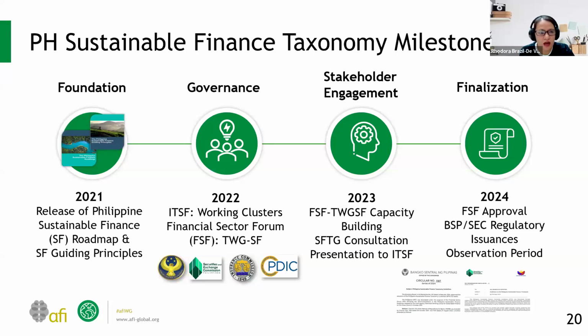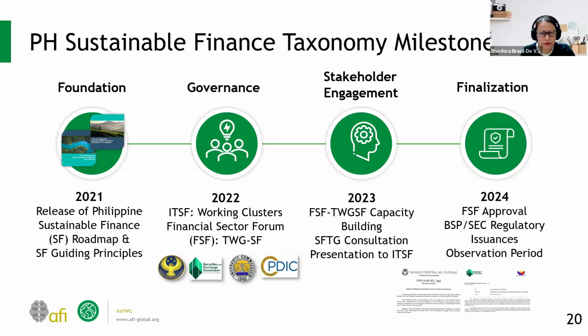This is a collaborative body comprised of the four financial sector regulators, and they are tasked to review and harmonize existing regulations on corporate governance, risk management, and disclosure requirements relative to sustainable finance, as well as to develop a sustainable finance taxonomy.